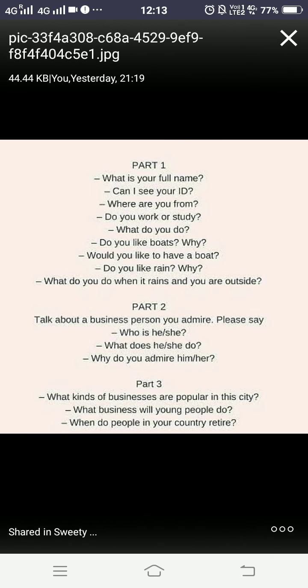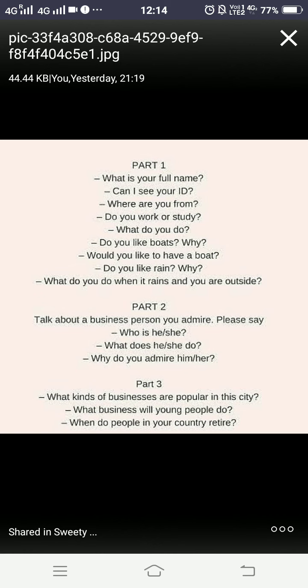Here you can see what your speaking test looks like: part 1, part 2, part 3. Clearly on the screen you can see there are very common questions in part 1: your name, your ID, where you are from, do you like boats.